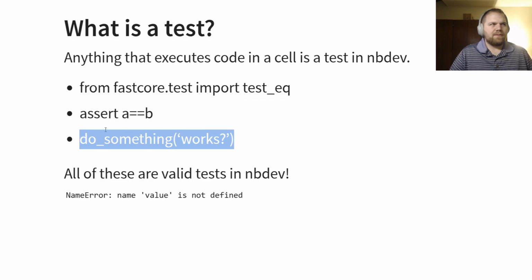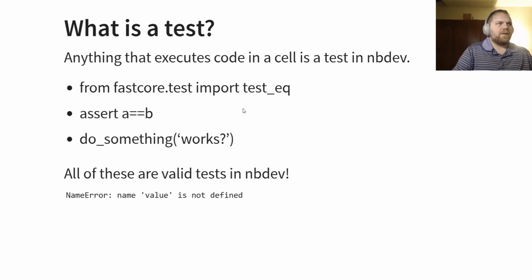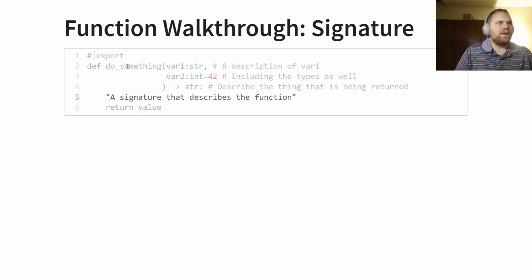This is the same function that I had previously. I'll actually move over to the notebook in a second, and you'll see that this fails because value, which I called out in the return, doesn't actually exist here.